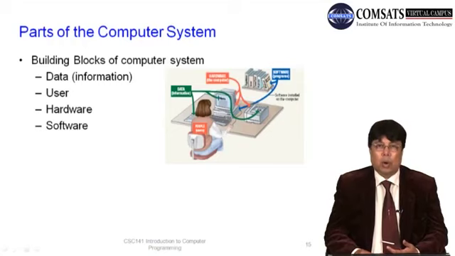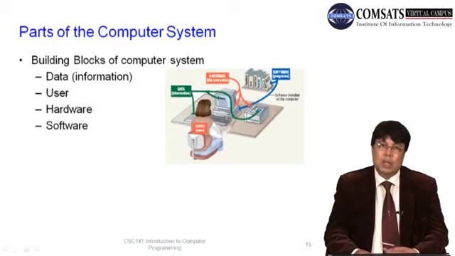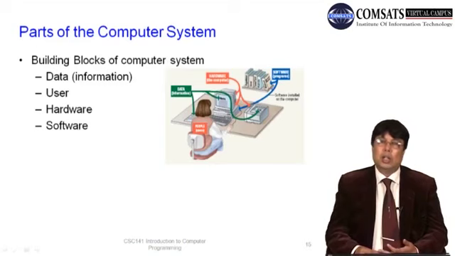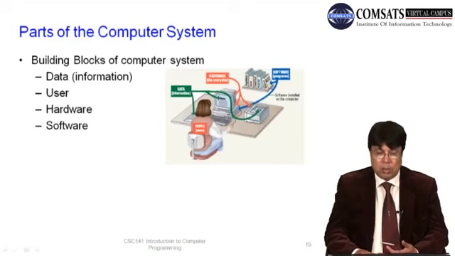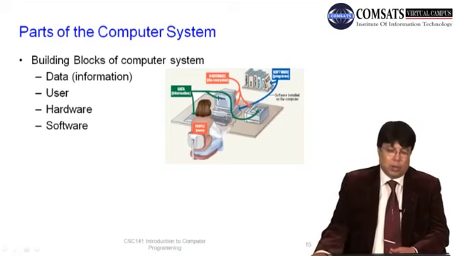This data is for the users. Basically you process the data for the users. So first of all you need to have data, then you need to have the users who operate it, who manipulate it, then we need to understand there is hardware, and hardware alone cannot do anything, then you need to have software.